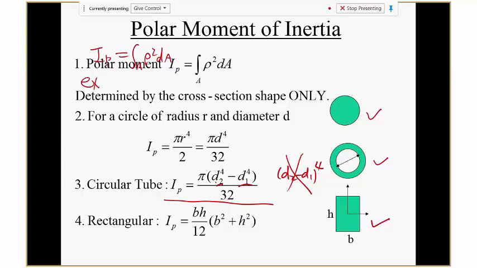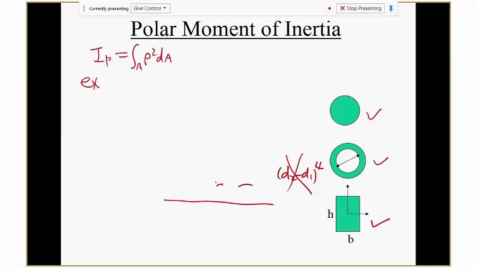Now let's go back to user space and go over one example. If I have this bar here, and now I'm applying a torque T, not applying force anymore. I know all the parameters: I know the material's G, the total length L, and the cross-sectional shape, so basically I know IP.